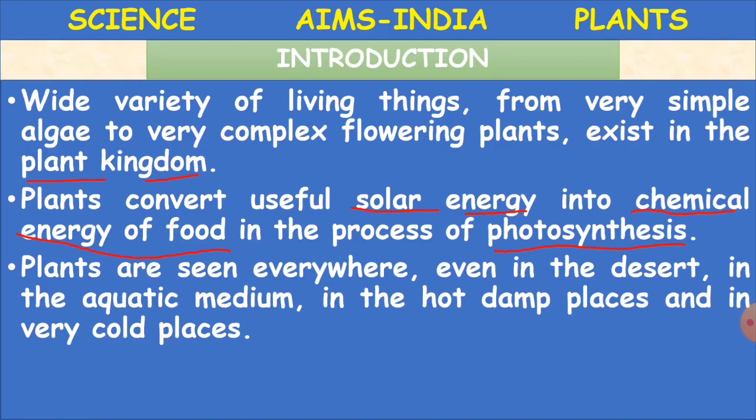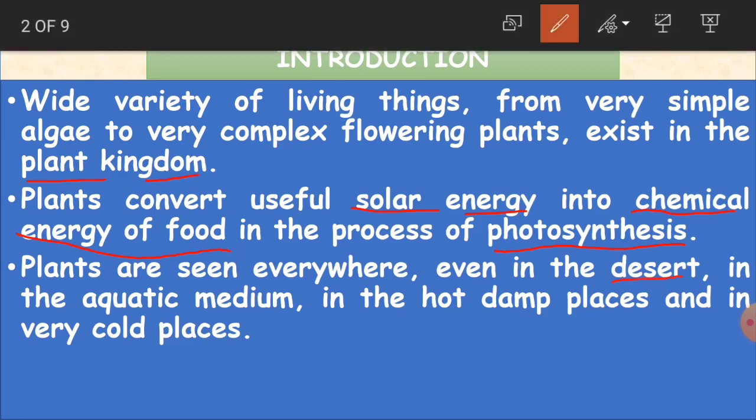Even in deserts, where there is no rainfall and water is scarce, we can see plants. Aquatic medium means water areas like ponds, lakes, rivers and seas. Hot damp places are sea coastal areas, where the soil is wet, there is humidity in the air, and there is hotness in the air.